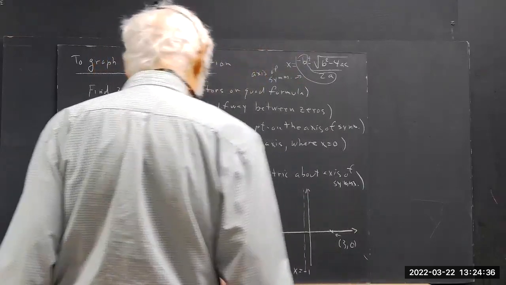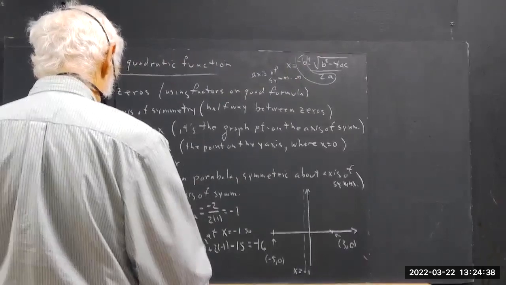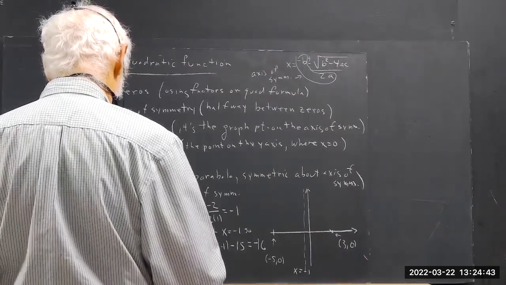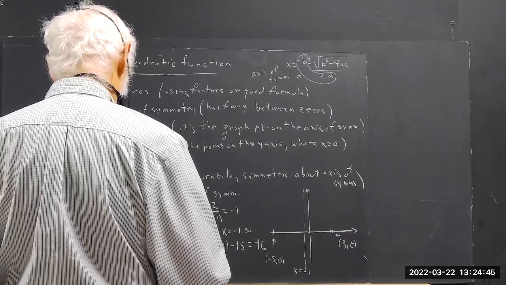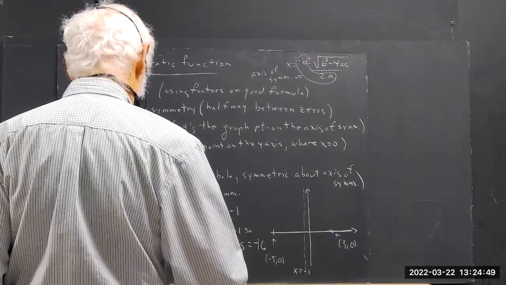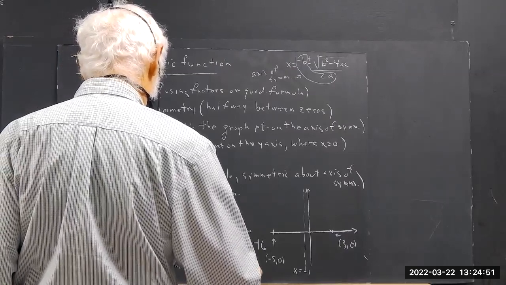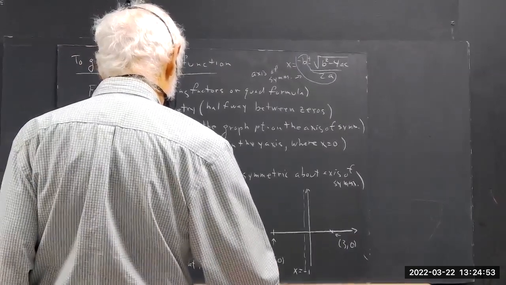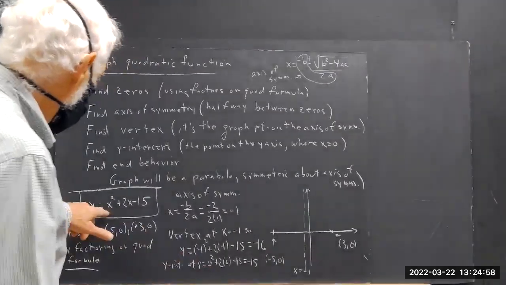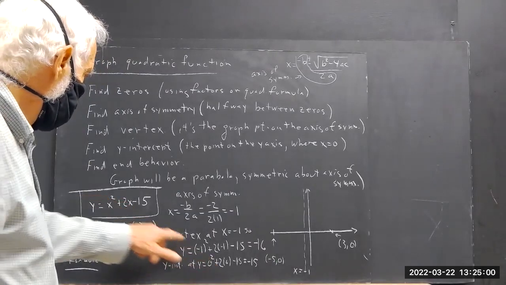Well, the y-intercept, I didn't do the y-intercept. And be explicit about it. I've written 0 squared plus 2 times 0 minus 15.